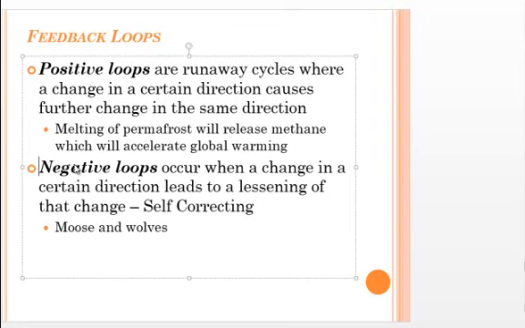When you get an increase in wolves, you get a decrease in moose. Then, because there's a decrease in moose, not enough wolves will get food, and so then some of the wolves will die, allowing the moose population to increase. And as the moose population increases, you get more wolves feeding, and it totally self-regulates. Totally self-regulates.